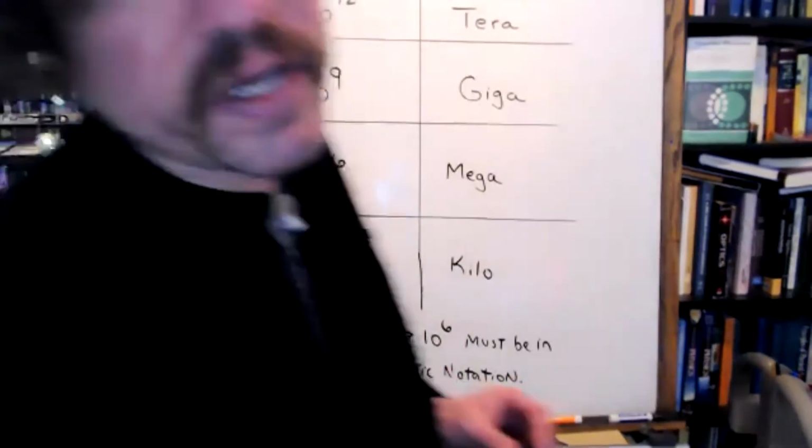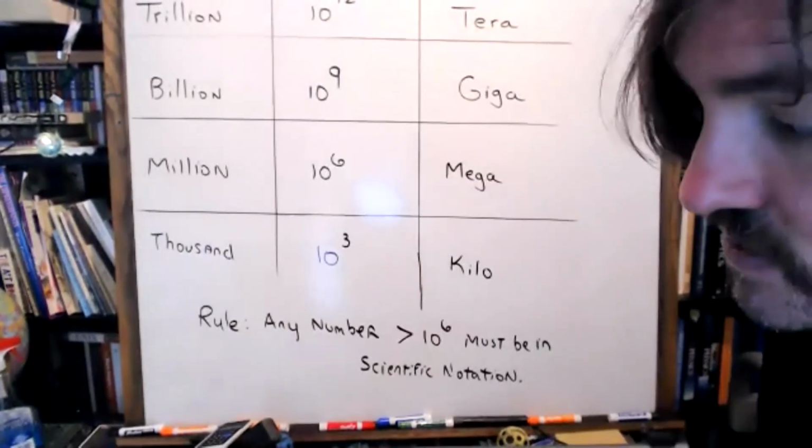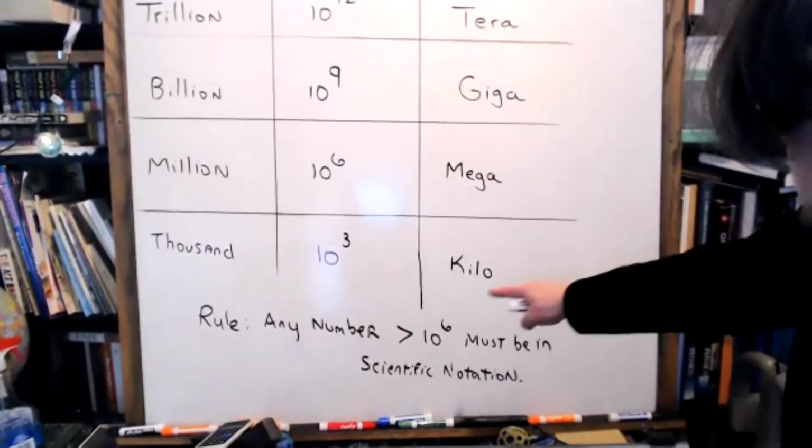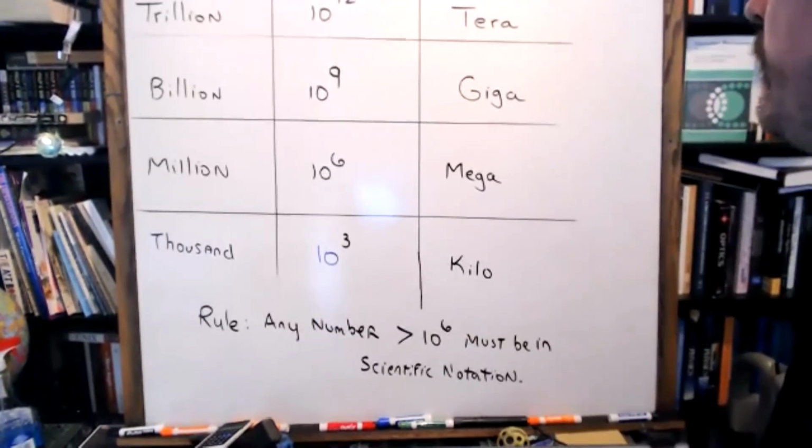So when we do homework, you are allowed to write down 999,999, but as soon as it flips to 1 million, I want to see 1 times 10 to the 6, okay?